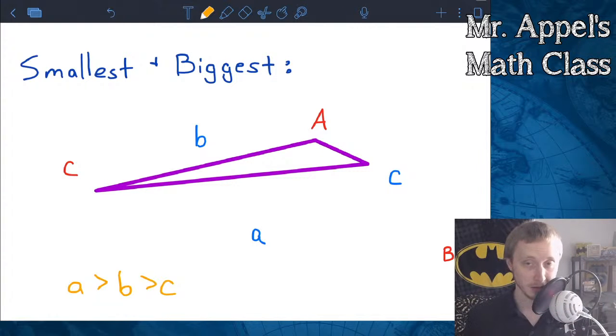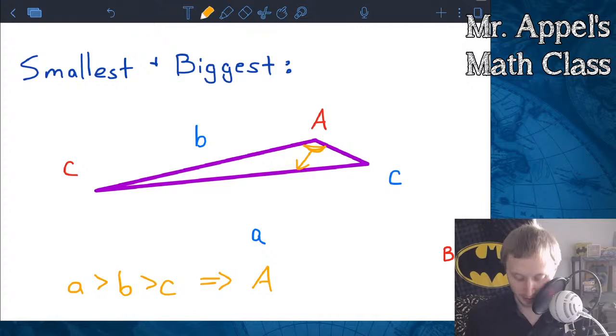Now, it turns out that there is a direct correspondence between the lengths of the sides and the measure of the opposite angles. So angle A here is across from side A. It's the longest side, and we can conclude quite safely that it must be the largest angle as well.